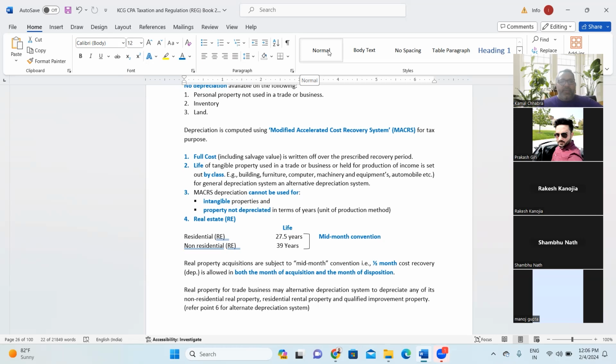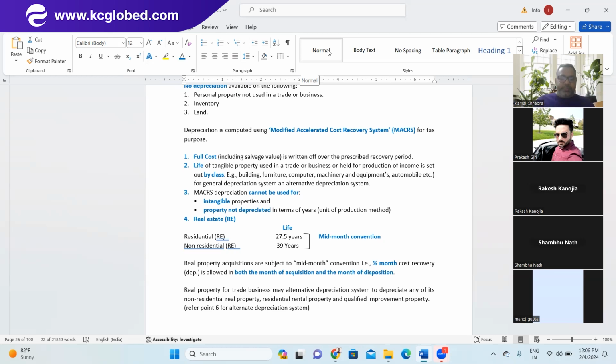Next is the life of tangible property used in trade or business or held for production of income, which is set out by classes. In India before the Companies Act 2013, there was a specific schedule, I think Schedule 6. I'm not sure if you have ever experienced that.